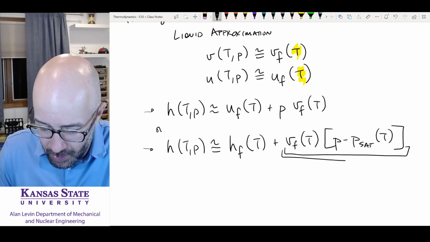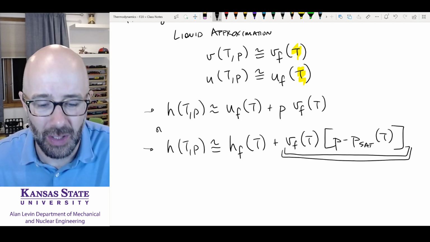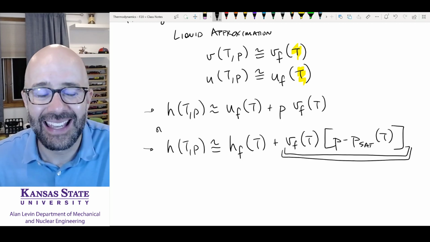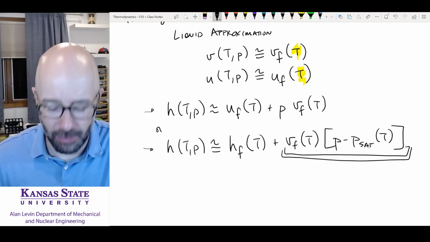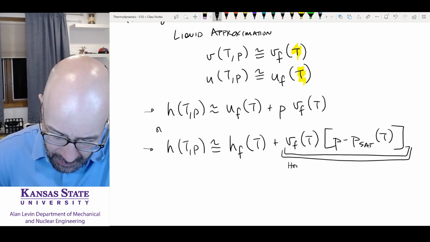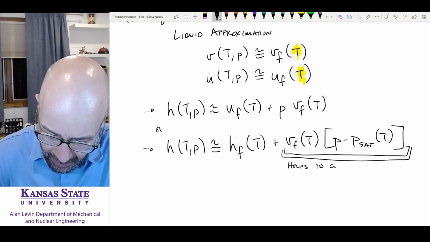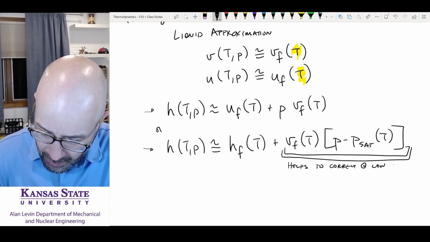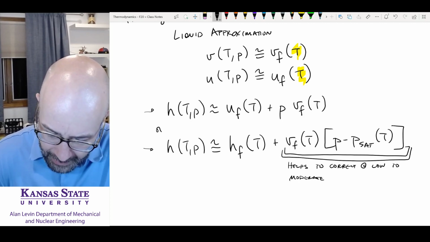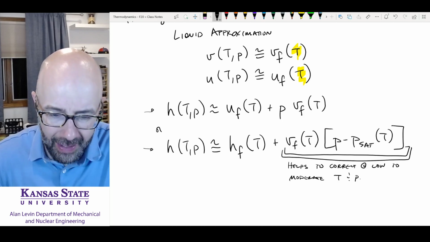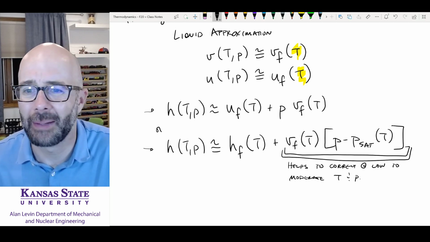And this term, if you look in your equation sheet, I have double underlined, because this term helps correct at low to moderate temperatures and pressures. It doesn't do a lot at moderate to high.